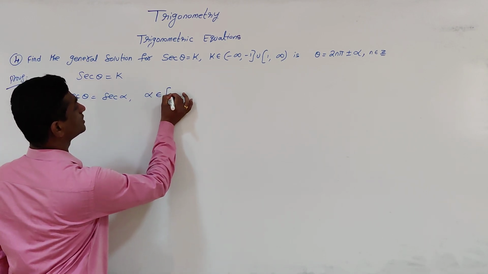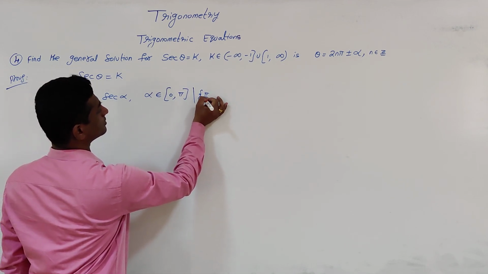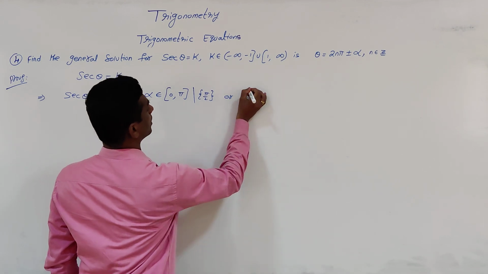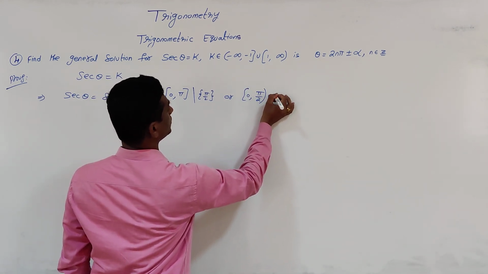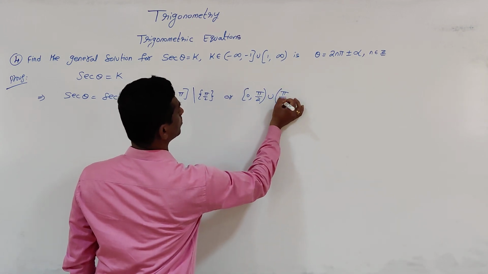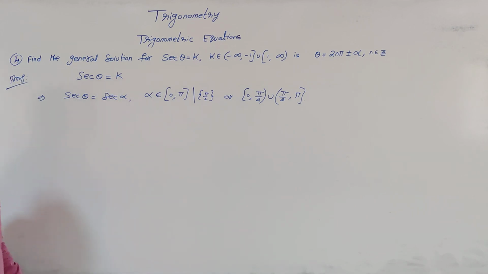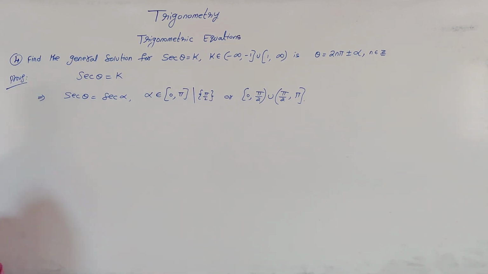Alpha belongs to the closed interval 0 comma pi except pi by 2, or we can say half closed 0 comma pi by 2 union half open pi by 2 comma pi closed. So alpha should be either in the first quadrant or second quadrant.